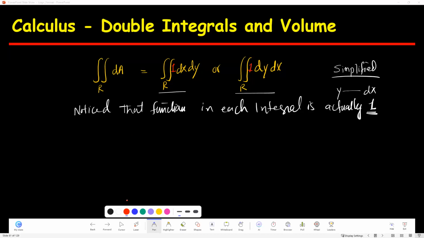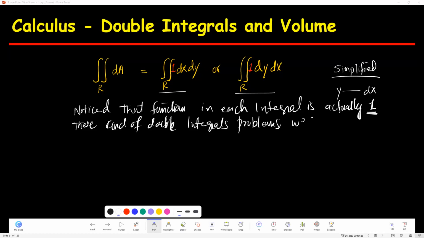Maybe you don't have any function. So we also notice that these kinds of double integral problems we solve through limits.